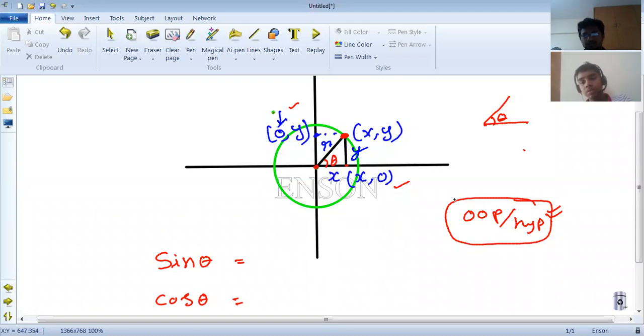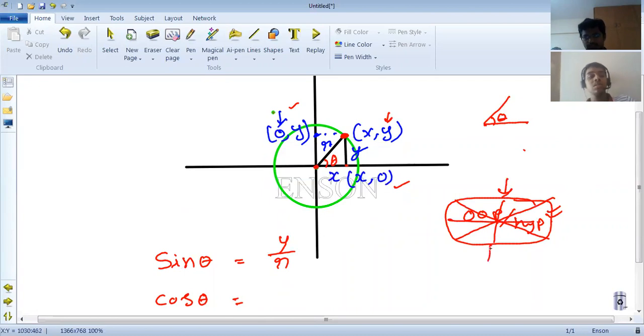As of now, just think like we don't know this formula, we are going with the basics. We will get to know how to derive it by using the unit circle. So sine theta is the y value to the radius: sine theta is equal to y divided by radius.